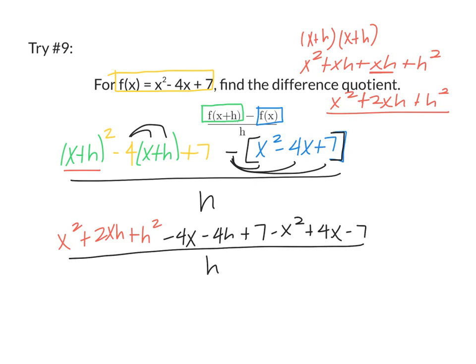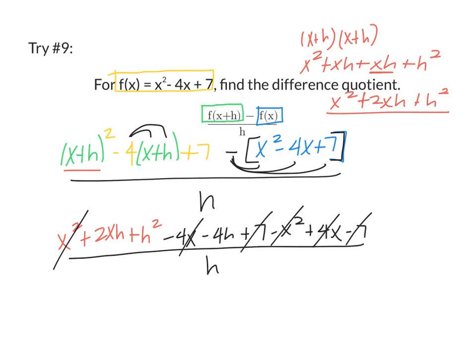What's nice is, for the most part, a lot of things get canceled out or simplified out, however you want to call it. So for example, I see a positive x squared and a negative x squared. I see a positive 4x and a negative 4x. I see a positive 7 and a negative 7.